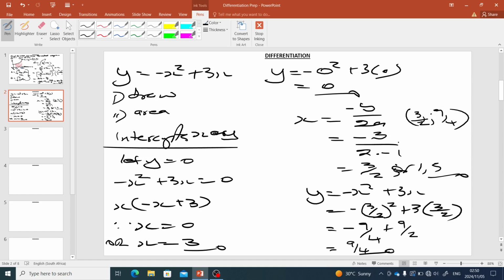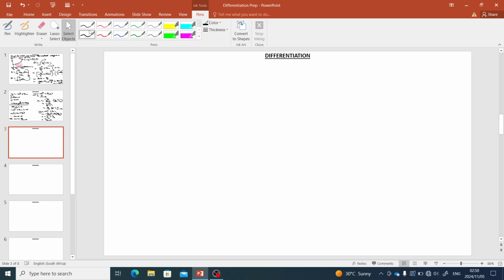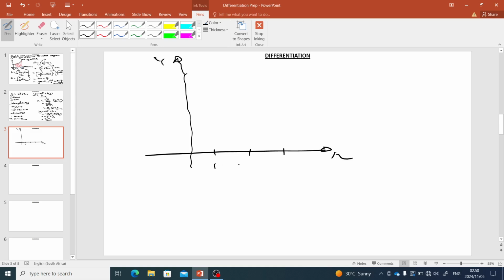We can then plot our graph. We have our x-axis, we have our y-axis, we have our turning point. This is y, this is x. It will be 1, 2, 3.